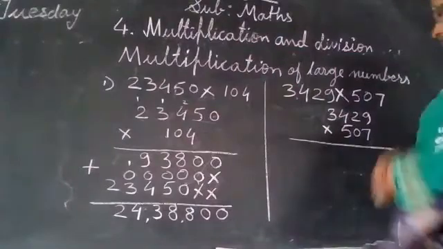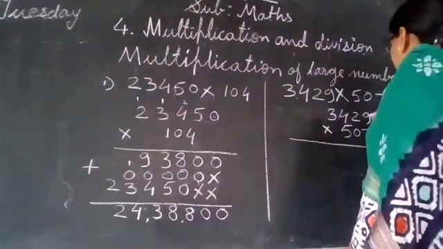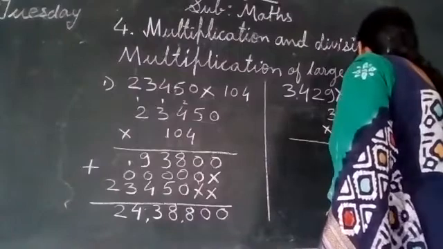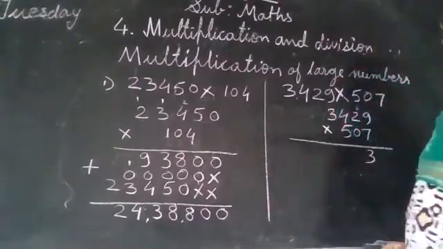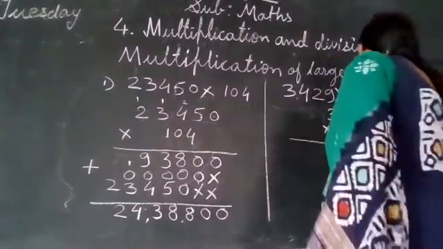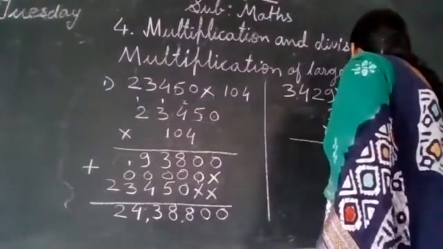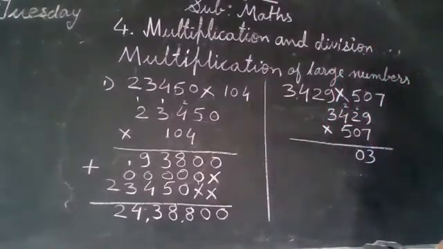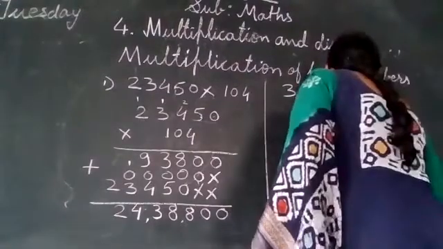So what do you get? 7 9s are 63. Carry over 6 here. 7 2s are 14. 14 plus 6, 20. Carry over 2. 7 4s are 28. 28 plus 2, 30.